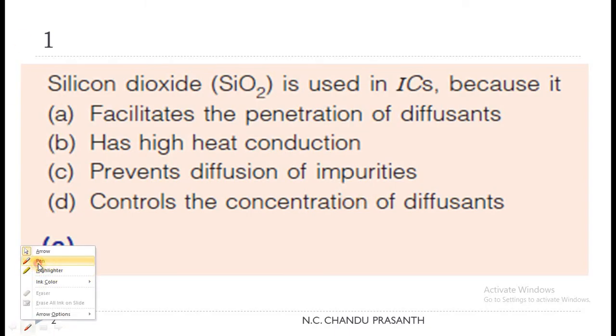What is the correct option? The correct option is C: it prevents the diffusion of the impurities. Silicon dioxide is used in ICs because it prevents the diffusion of the impurities. So SiO2 is used in IC fabrication, integrated circuit fabrication.